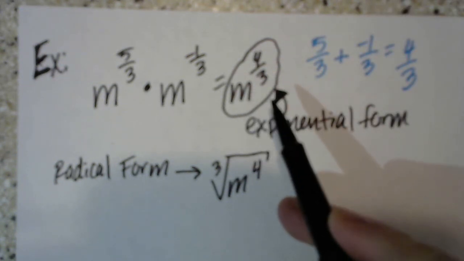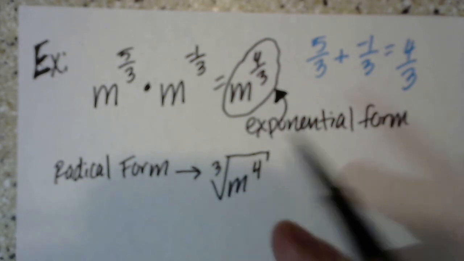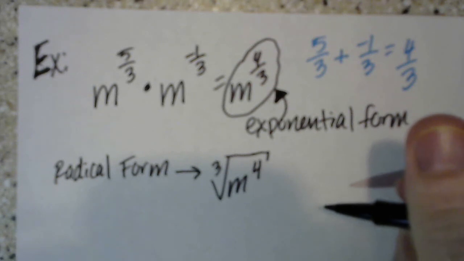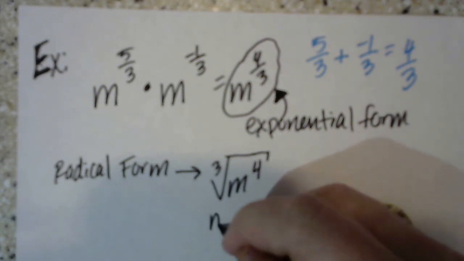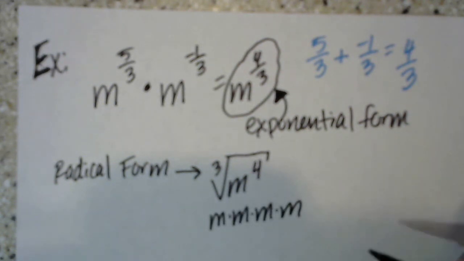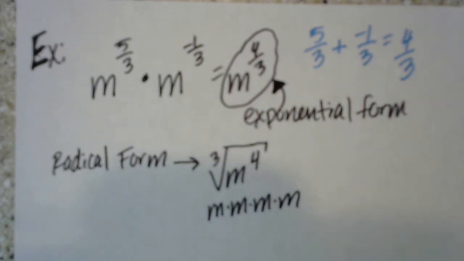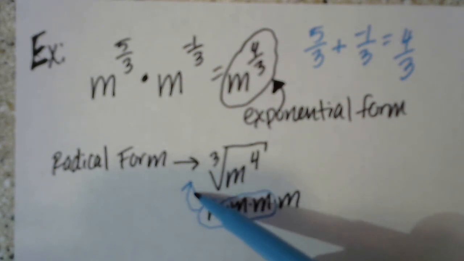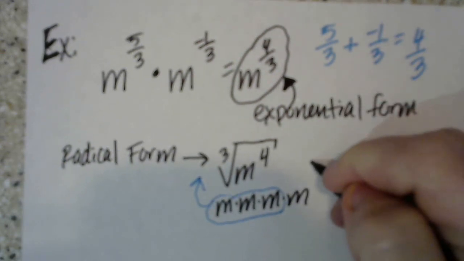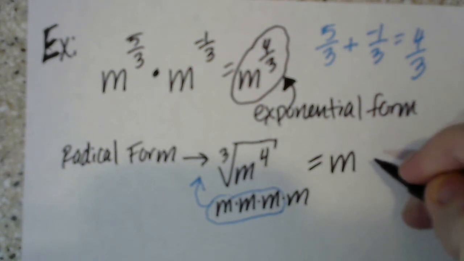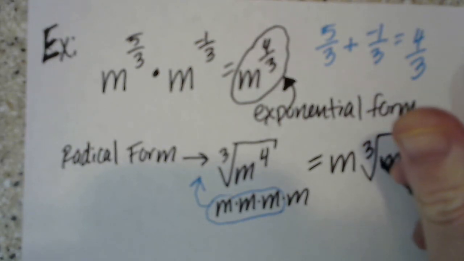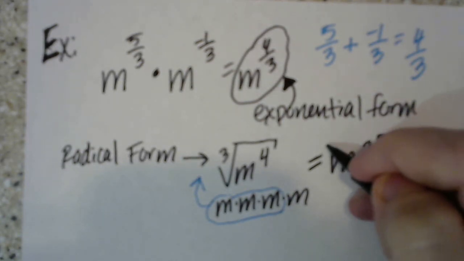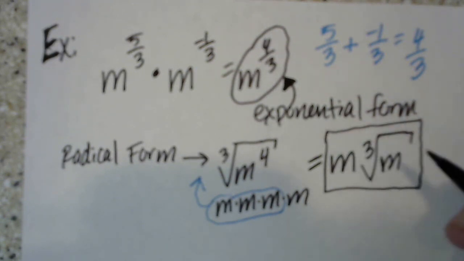But I don't know that if I leave it in exponential form. So you really need to know what form your final answer needs to be, based on the instructions that they provide. I know that this is 4 m's, and I need a group of 3 to come out. So these 3 m's are going to come outside. They're going to get represented once. And then this is the cube root, and there's 1 m left over. So this would be your final answer in radical form.